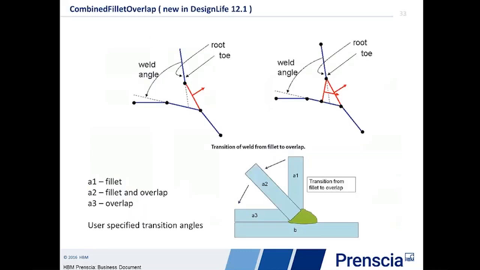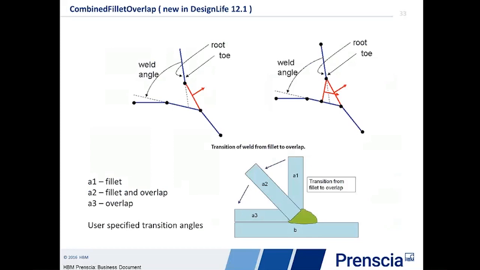One thing we've done with 12.1 is we've generated a new configuration, and this is called combined fillet and overlap. This configuration will look at the geometry, the angles between the plates that we're welding, and use those angles to decide whether it's a fillet, whether it's an overlap, or whether it's in a border region where we can't easily describe it.